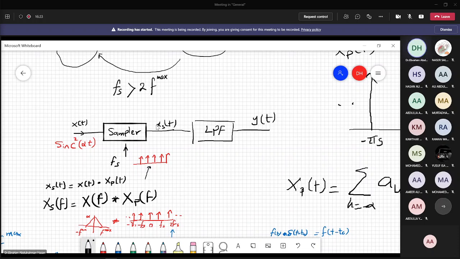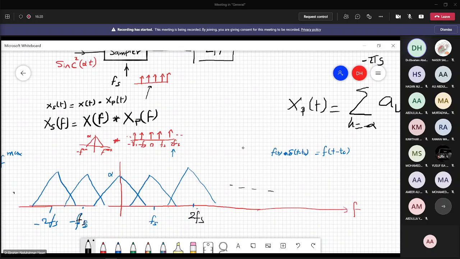Okay, now here I have xs of f, so this is my xs of f. In this case, can I put some filter somewhere to pass only the original one? The original one is this. Can I do something to pass only this?